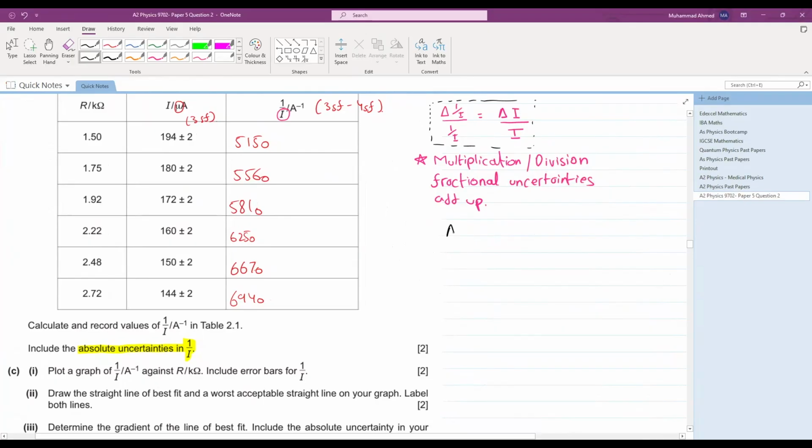The formula for every question will be different. The absolute uncertainty in 1 over I is equal to 1 over I multiplied by the absolute uncertainty in I divided by I. Perfect. Now this is the formula. You can apply it to all the rows and calculate the absolute uncertainty.